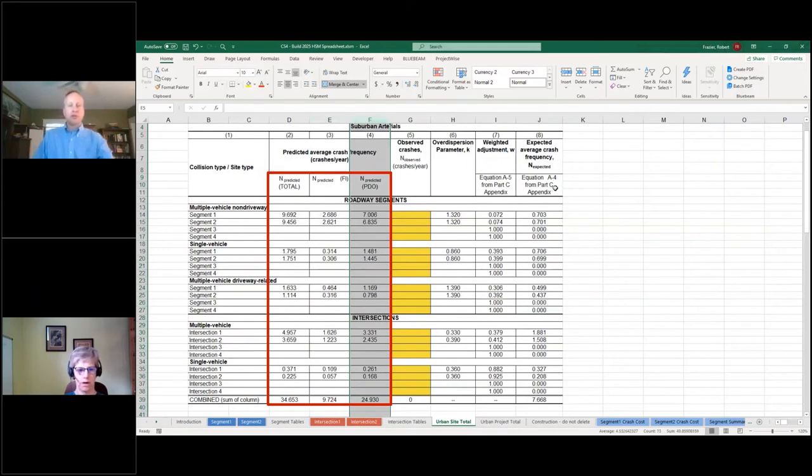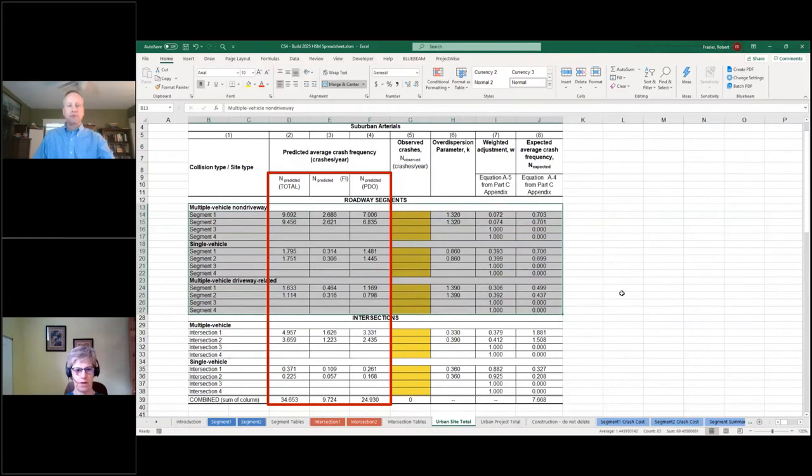Then it's separated, the top half by roadway segments and the bottom half for intersections. The top part is segments, with multi-vehicle non-driveway, single vehicle, and multi-vehicle driveway related crashes.